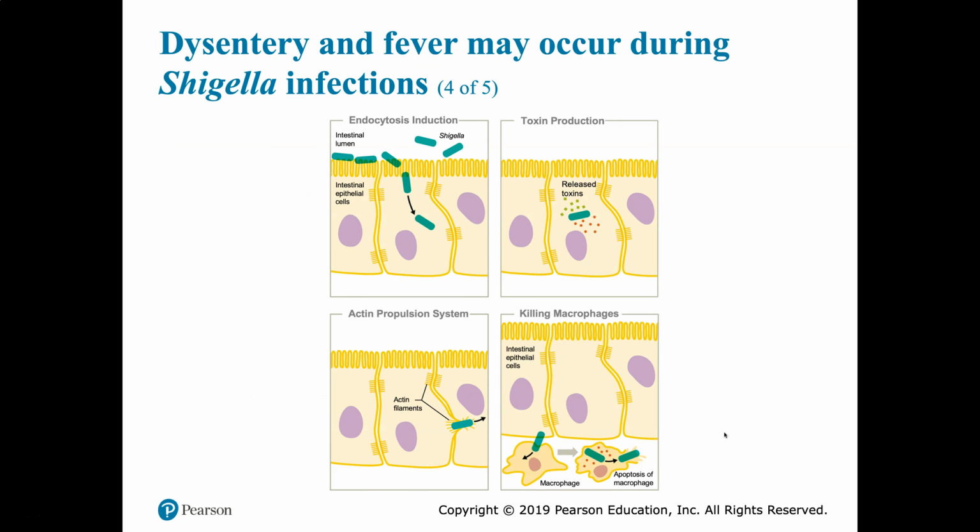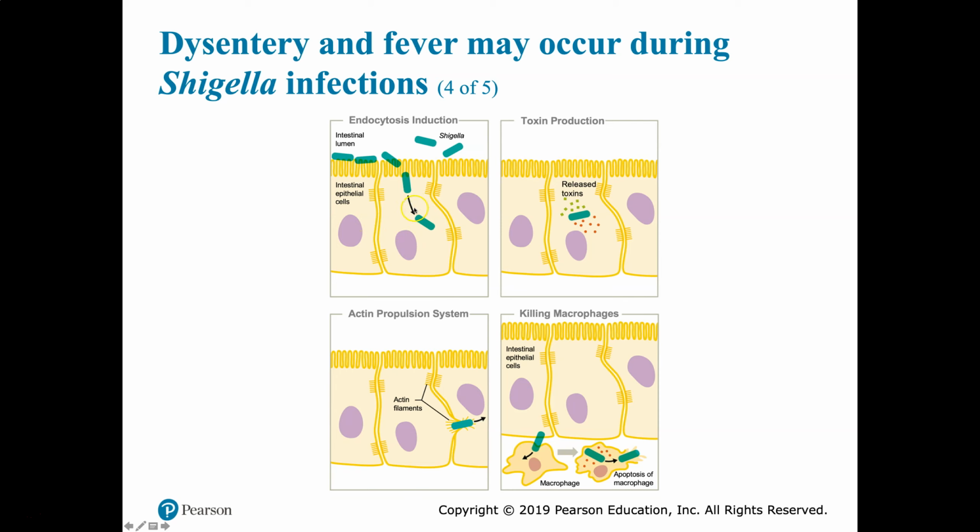Here is an example, as I mentioned, of the cause of the symptoms. It makes a Shiga toxin, so up here is the toxin. Also, it invades the lining of our intestines. These are the cells that line our intestines.